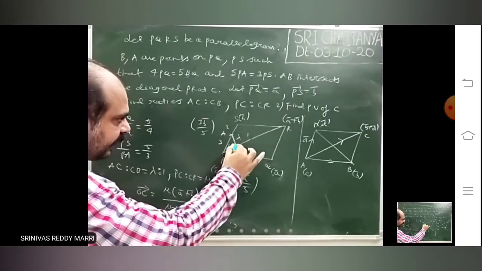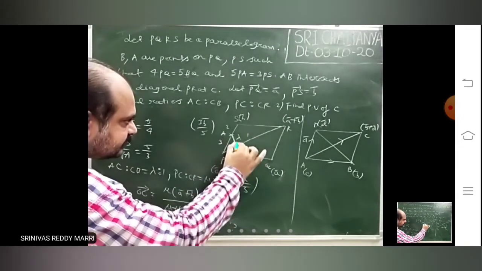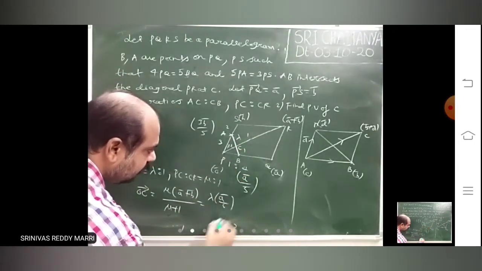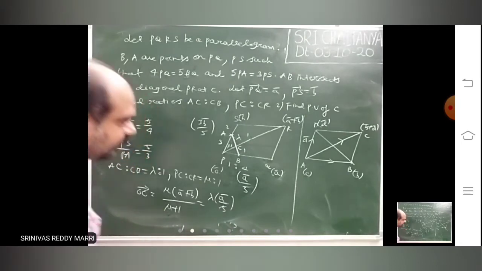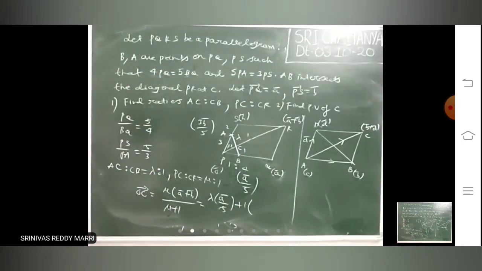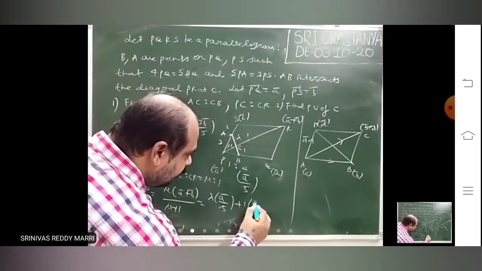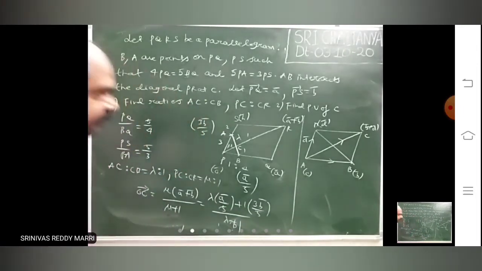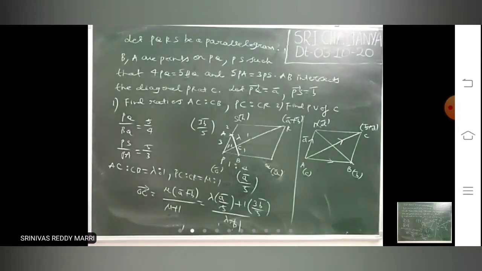Now this C point is dividing this and this in the ratio lambda is to 1. Lambda into A bar by 5 plus 1 into 3B bar by 5, divided by lambda plus 1. Now you got the relation.